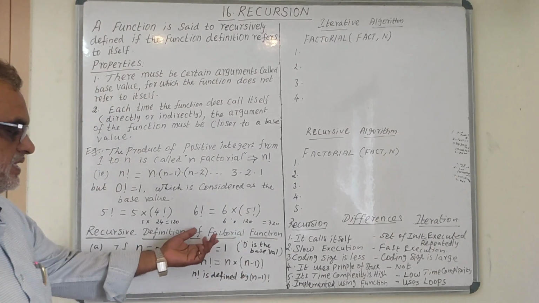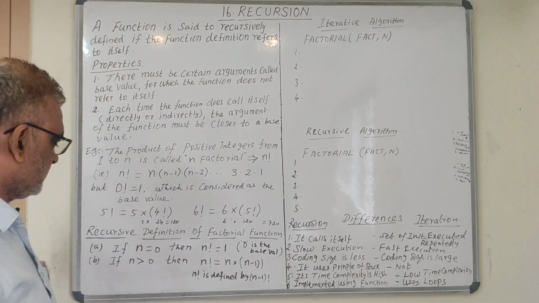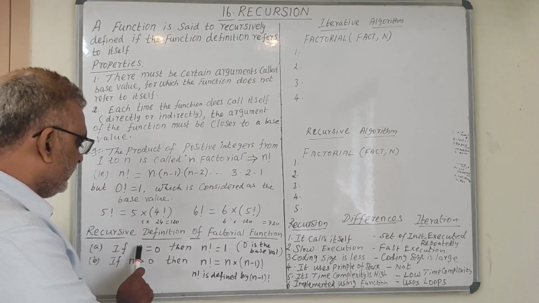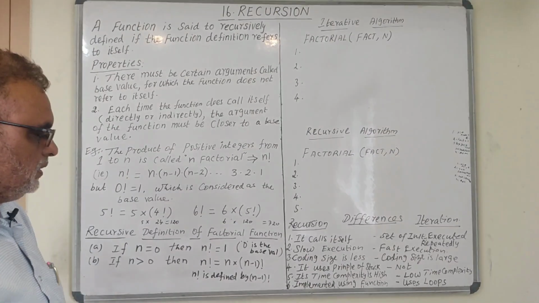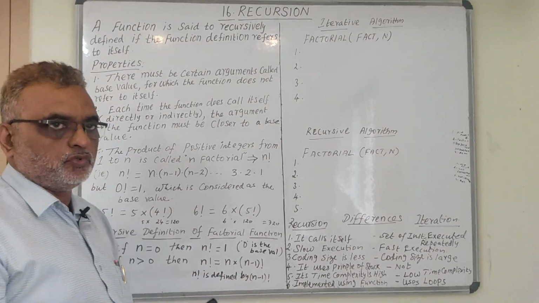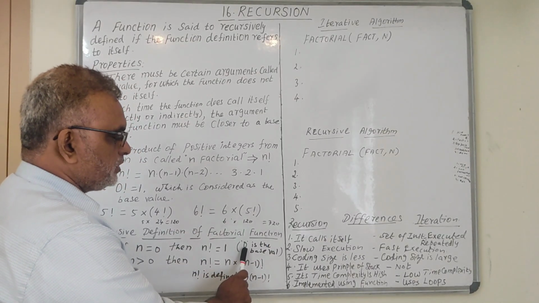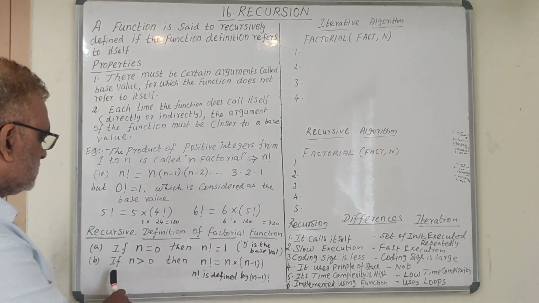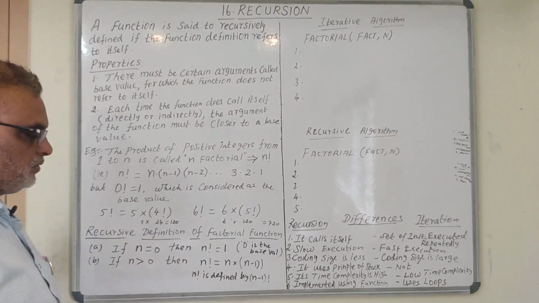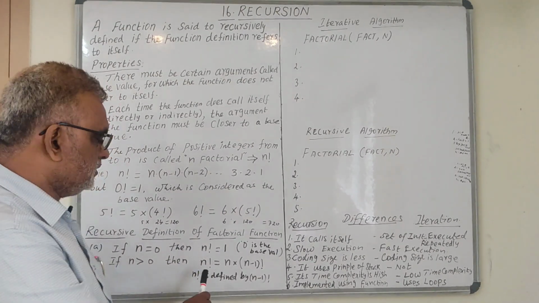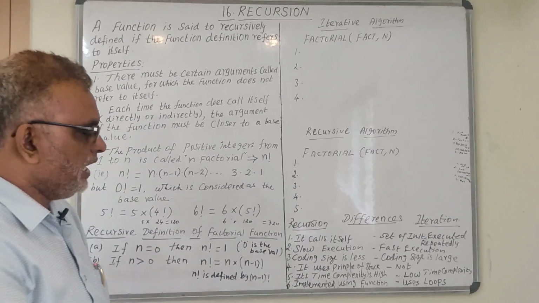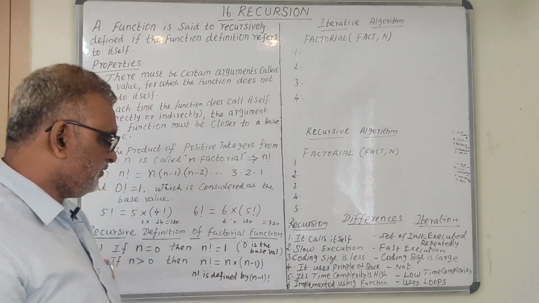The recursive definition of the factorial function: if n is equal to 0, then n factorial is equal to 1. This is the base value, where 0 has been taken as the base. If n is greater than 0, then we can start calculating: n factorial is equal to n into n minus 1 factorial.